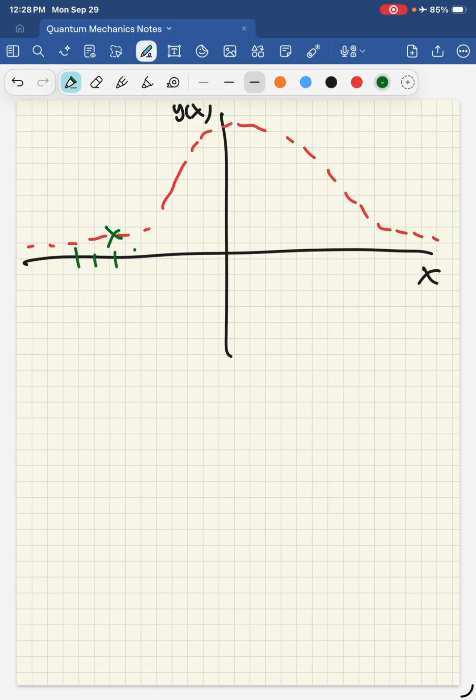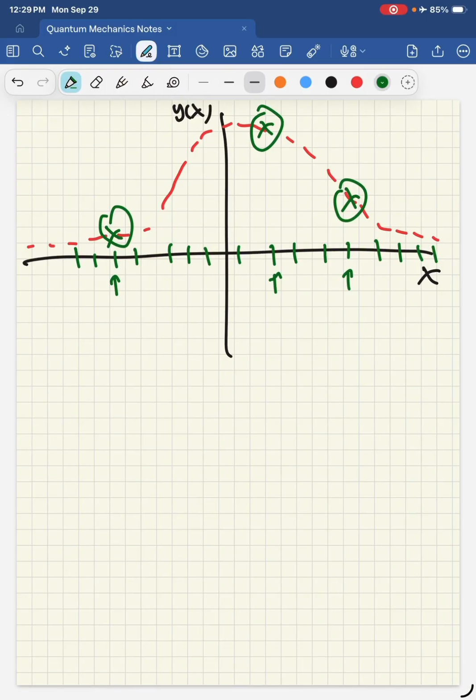Okay, so you divide your x-axis into intervals. Okay, and maybe you calculate the wave function for this point, and maybe this point, and maybe this point, and that's it. You got tired, you're sick of it, and you're like, okay, I'm not gonna do anything else. So you only have these data points, and then you still have your grid on which you want to solve this differential equation. Okay, we're gonna come back to this later.